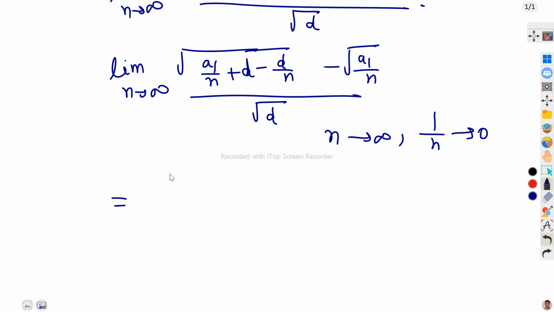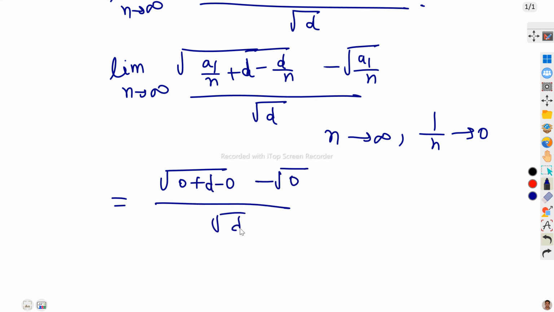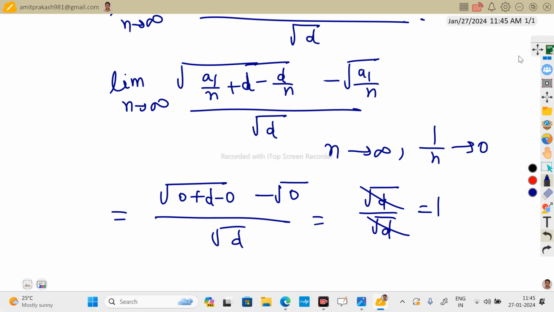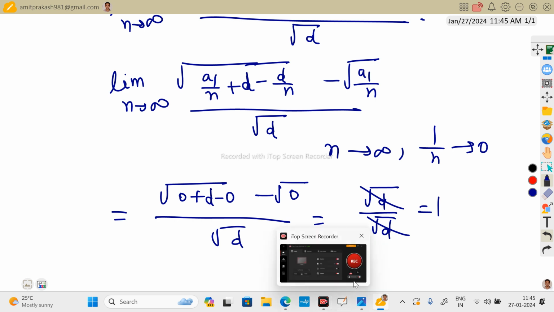So our limit becomes square root of 0 plus d minus 0 upon square root of d. So this becomes square root d upon square root d, and this is 1. So the answer of the given problem is 1. So we have solved this problem of the given limit.